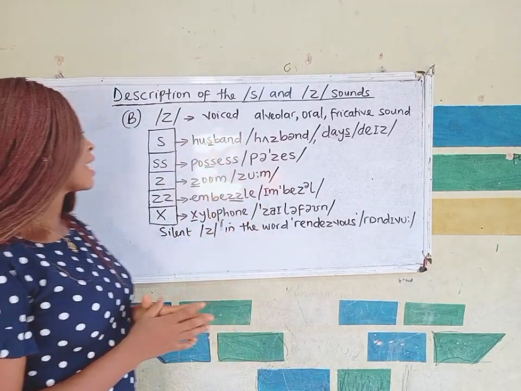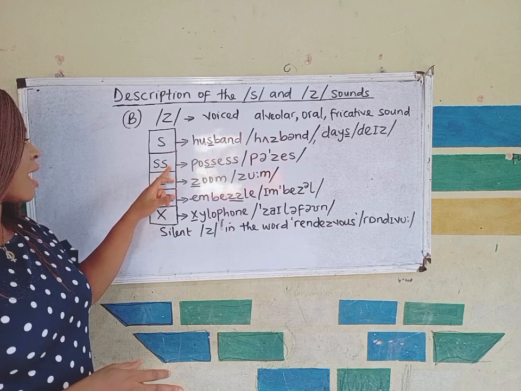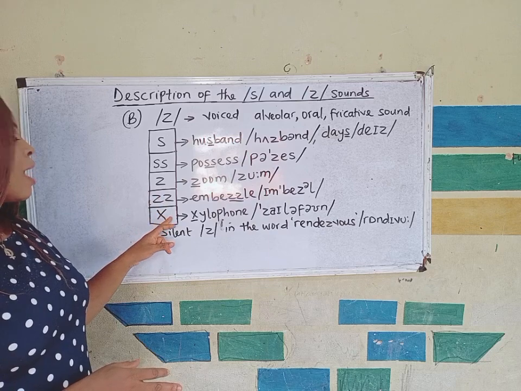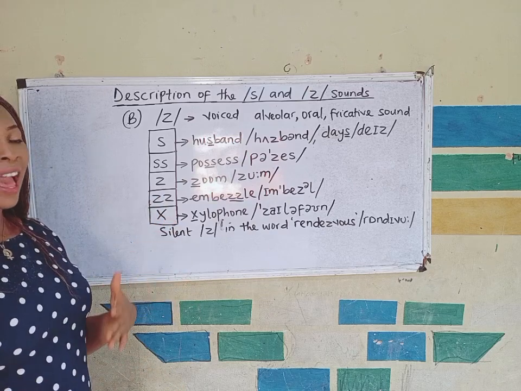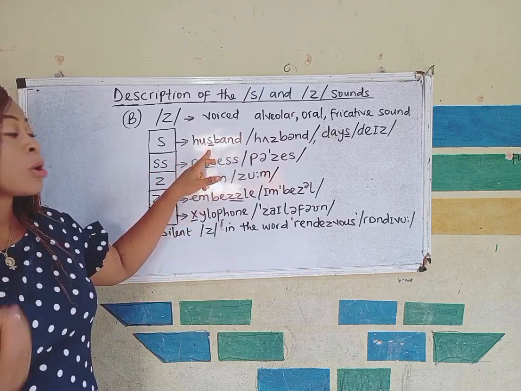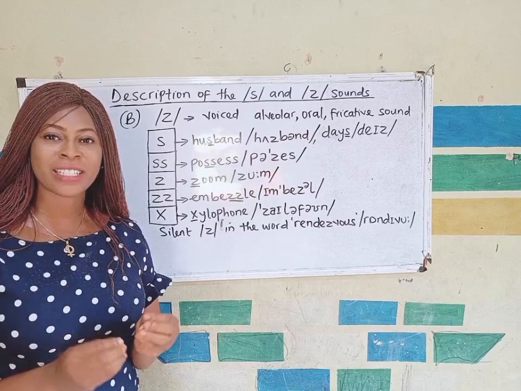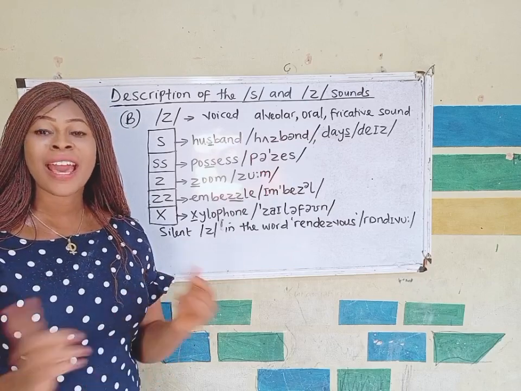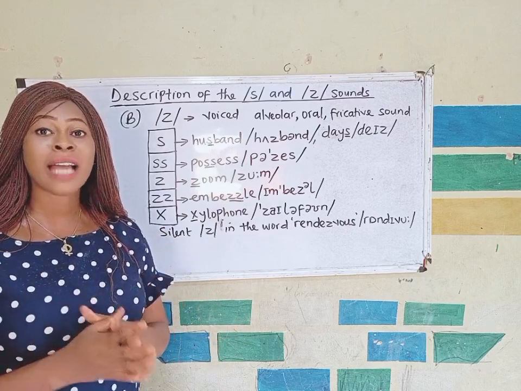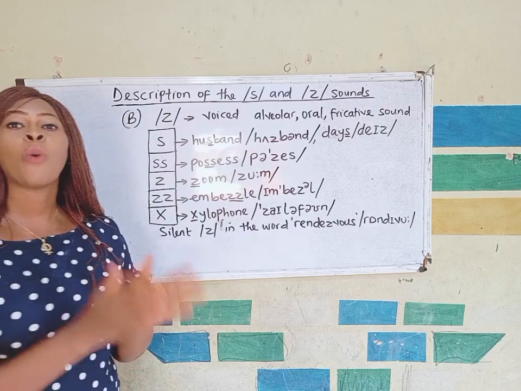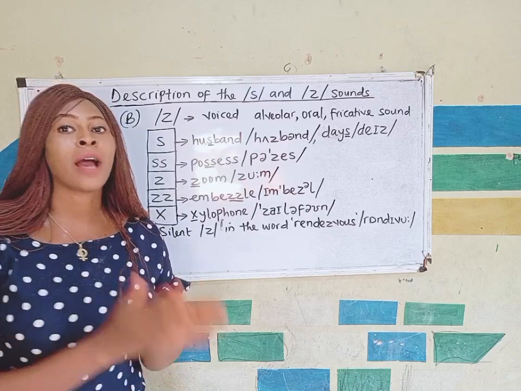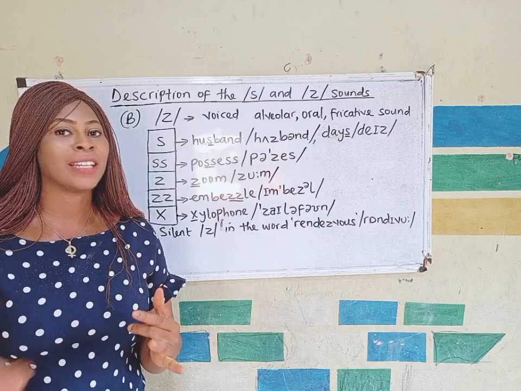Z can be found in letters S, SS, Z, ZZ, and X. Letter S sounding as Z is usually found in between vowels or when the letter S is preceded by the letters B and M. So the Z sound in letter S is produced when it's found in between vowels or when it comes before the letters B and M.